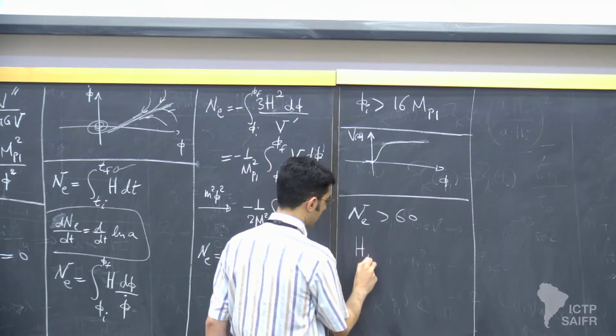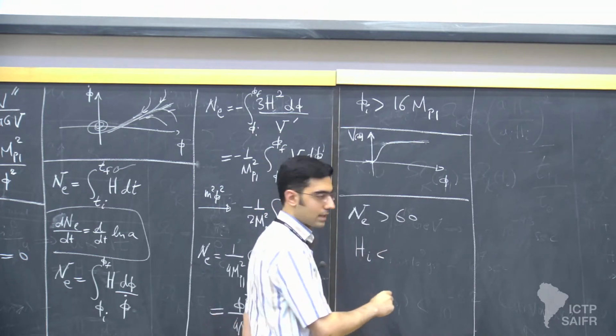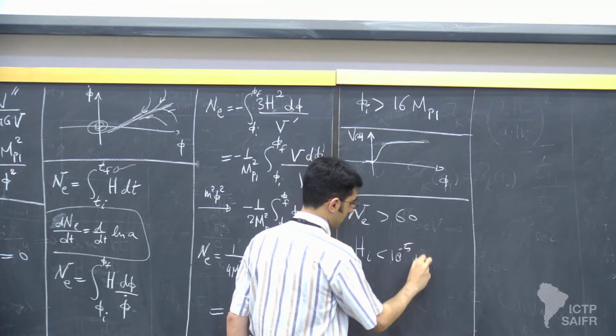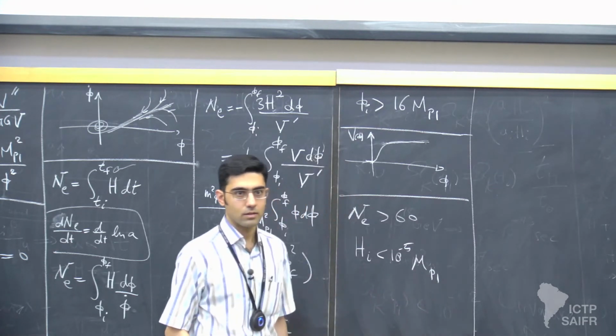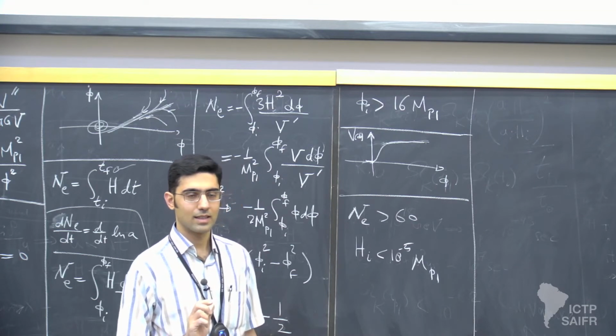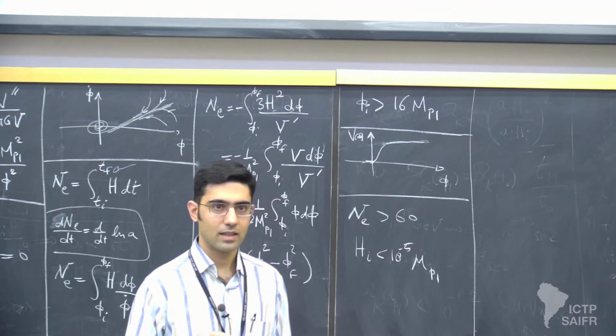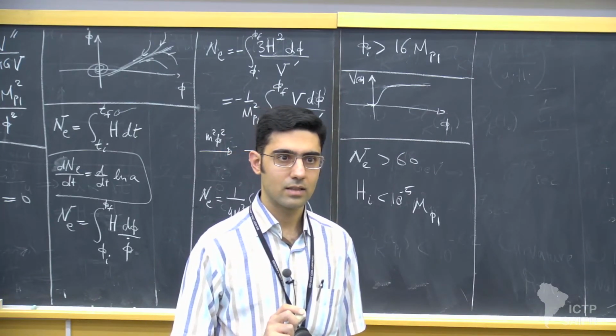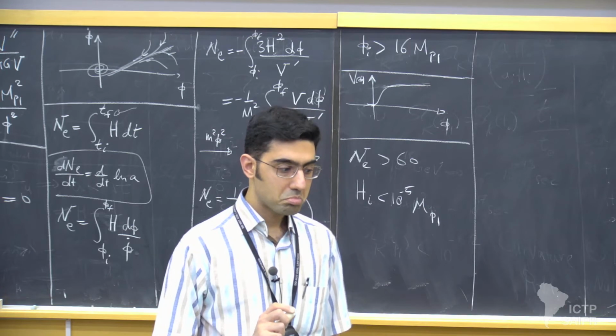So I said H_I has to be less than 10 to the minus 5 M Planck. Right? But if H_I is less than this, isn't the number of E-foldings less than 60?